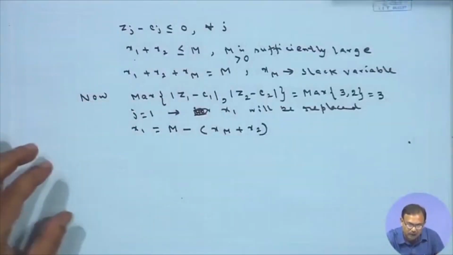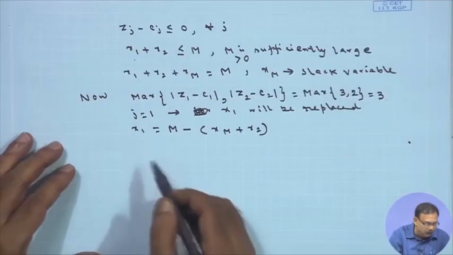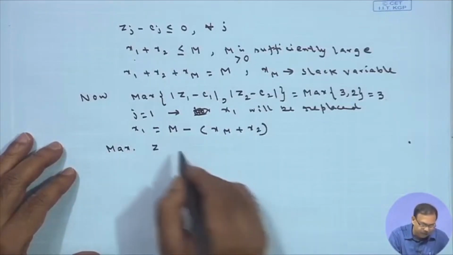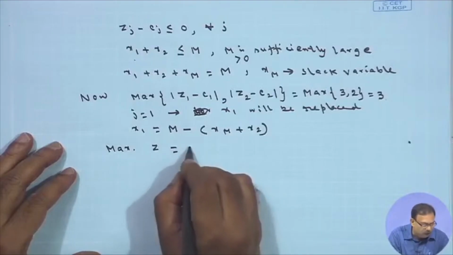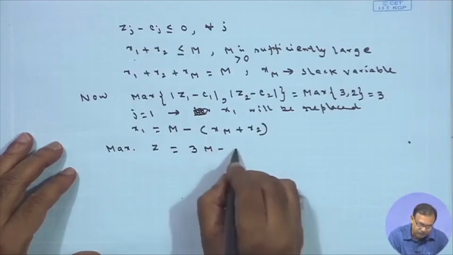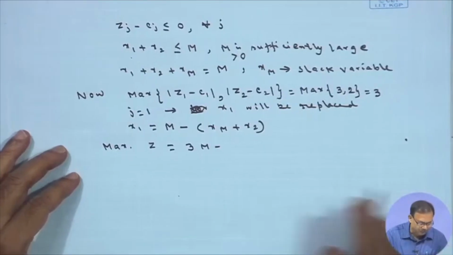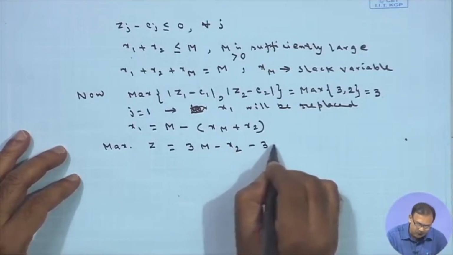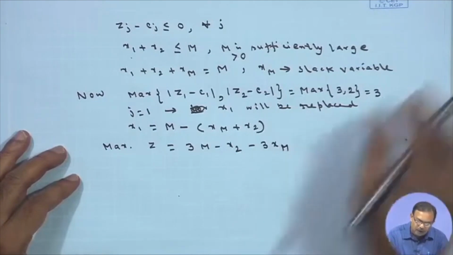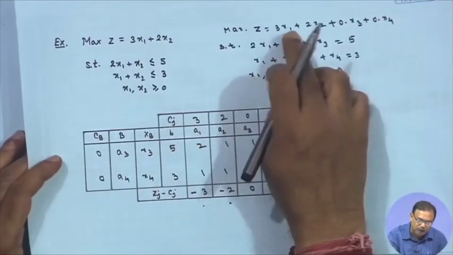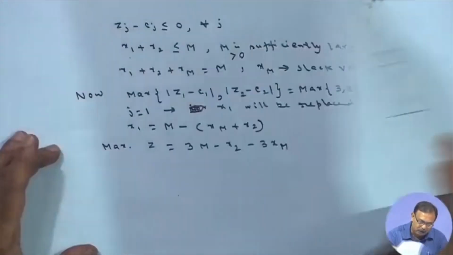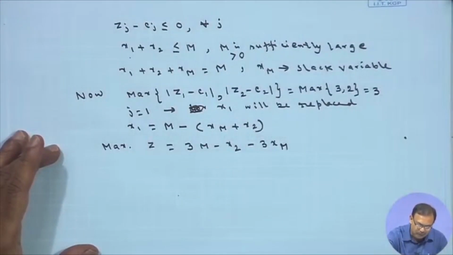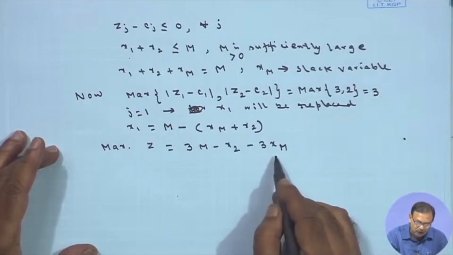I am now writing the original problem again: maximize z equals 3 m minus x 2 minus 3 x m. If you simply substitute x 1 here, you will obtain this equation, 3 m minus x 2 minus 3 x m. It was 3 x 1.